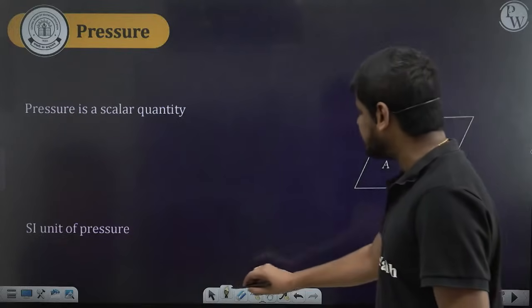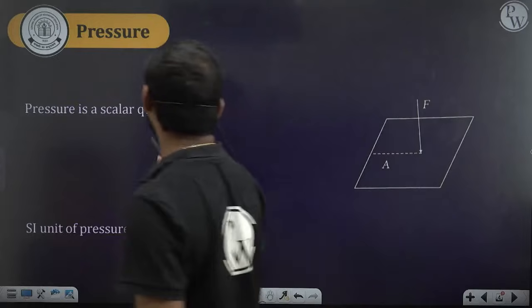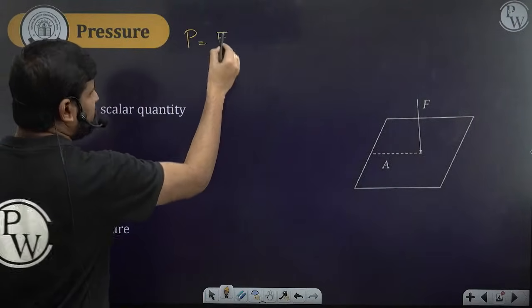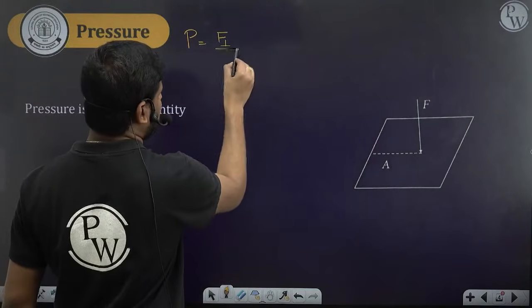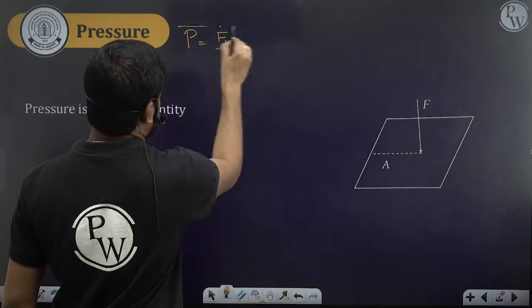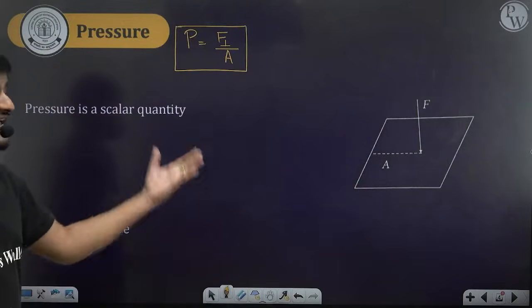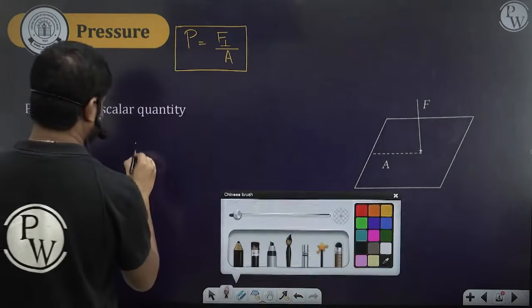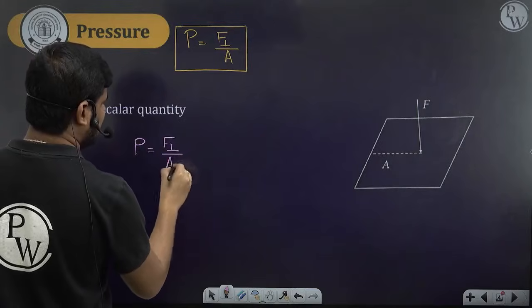Now let's come to the concept of pressure. What is pressure? Pressure is the perpendicular force upon area. Pressure is a scalar quantity, whose formula is given by the perpendicular force upon area.